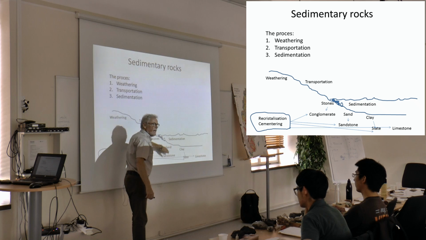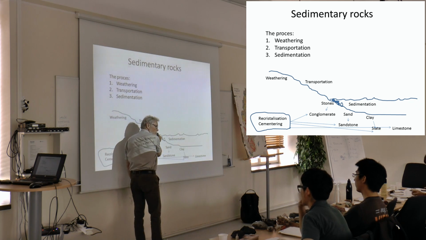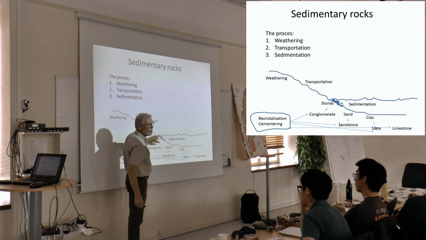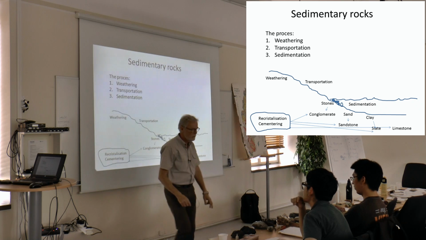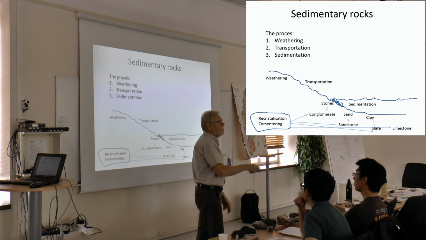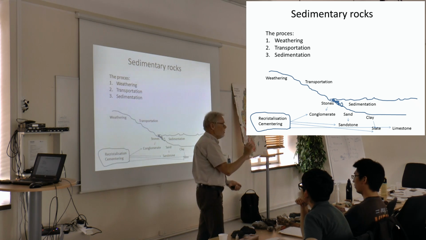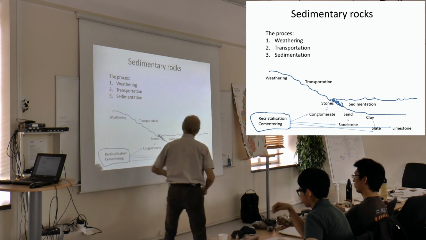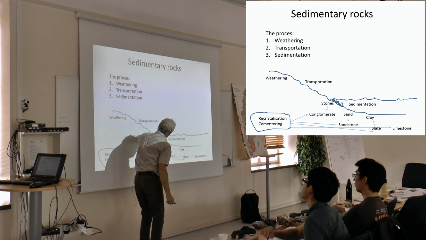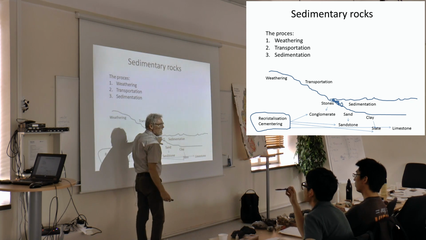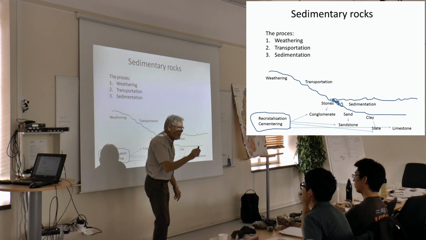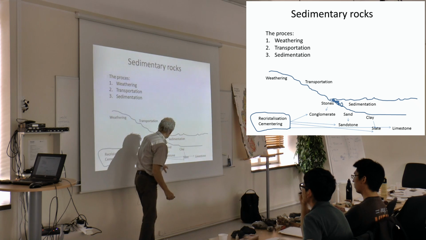The sand, the clay, the big stones, they will stop very close to the beach. If you go to the beach, you can see there are some stones, some sandy beach and so on. That is exactly here. And then if you go a bit outside here, there will be some sand. If you go out here, we will have some clay.